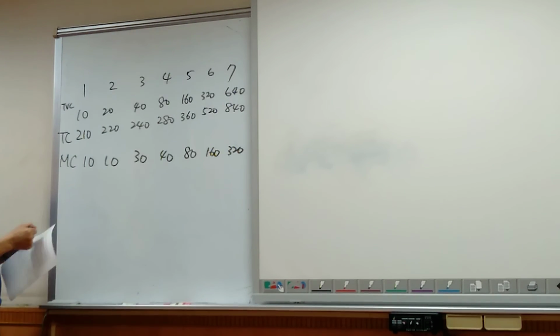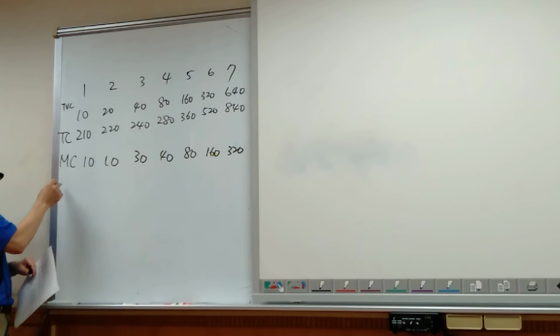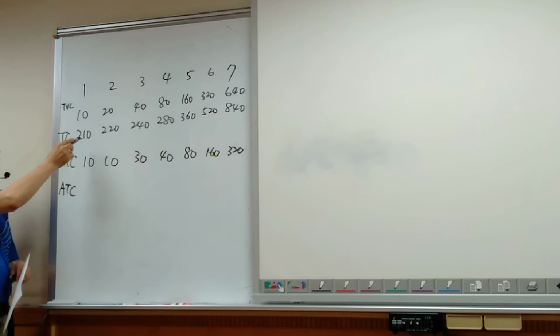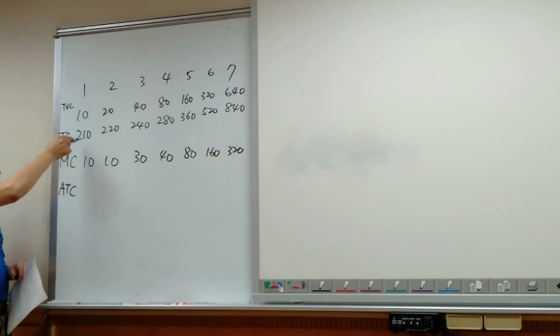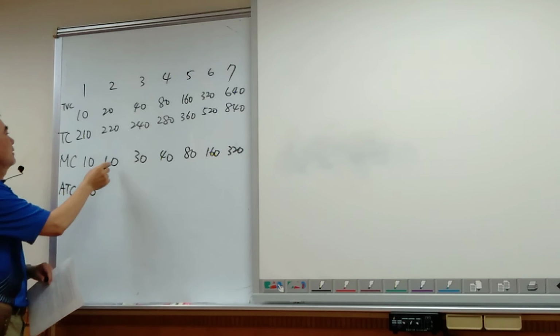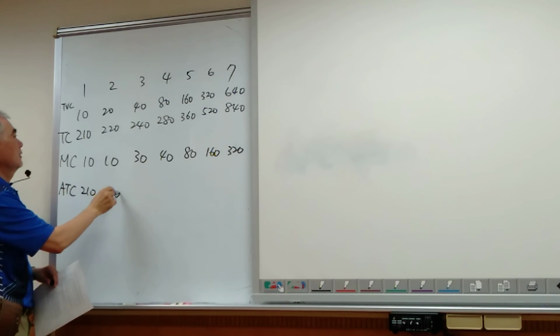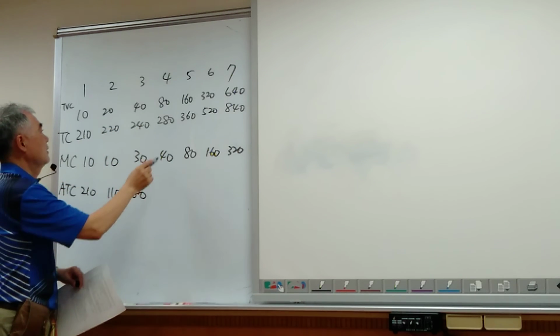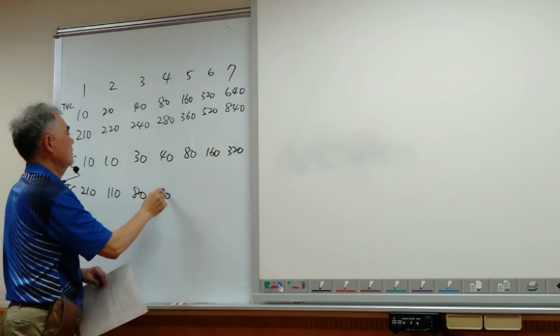Okay, so the easy way is to get ATC. The production level is 1, total cost is 210, so that's 210. And then here you have 220, so it's 110. And it is 240, so you get 80. And then here you get 70.